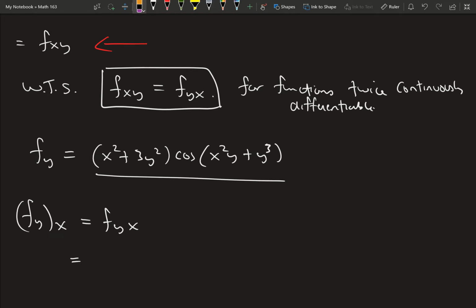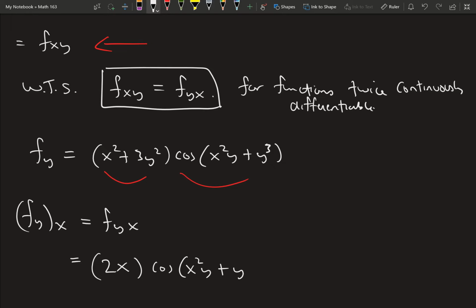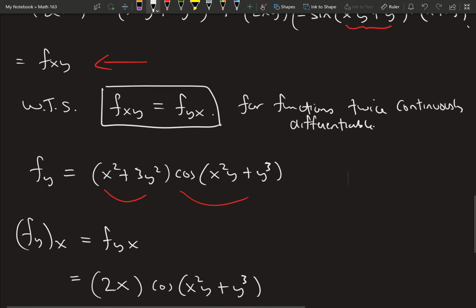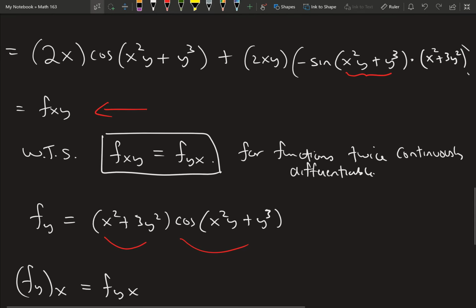So again, we have two functions. We have this piece and then the cosine piece. So let's take the derivative of the first, which is just 2x. And then we have cosine of x squared y plus y cubed. Okay, and notice that's exactly the first term right here.